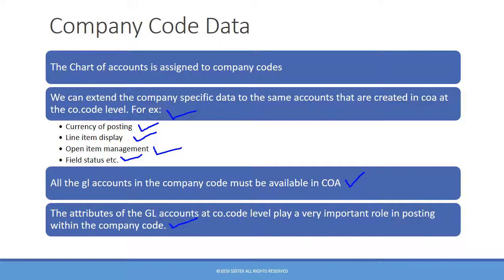Like this, the GL accounts are created at two levels, COA and company code level, and together they enable the postings. The summary of the balances for GL accounts is the trial balance, and the group trial balance is the balance sheet. Therefore, the GL account is the most important configuration in FI.